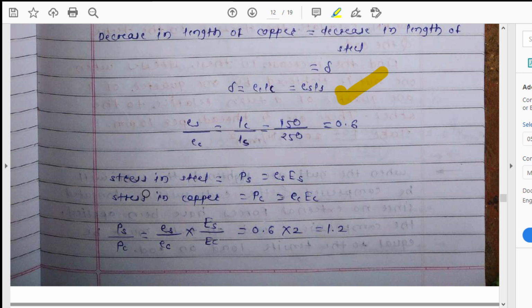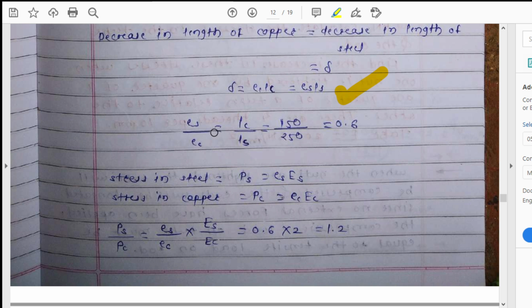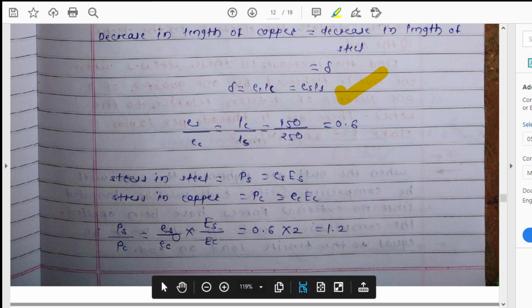Now stress in steel and stress in copper will be strain into Young's modulus. So by using the ratio of both, PS upon PC is the strain ratio into the Young's modulus ratio. The strain ratio for steel and copper is 0.6 and the Young's modulus ratio is 2.